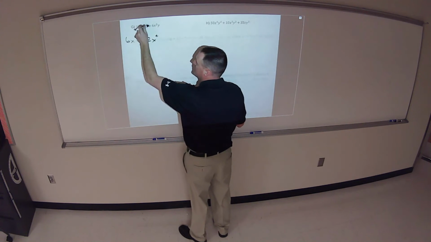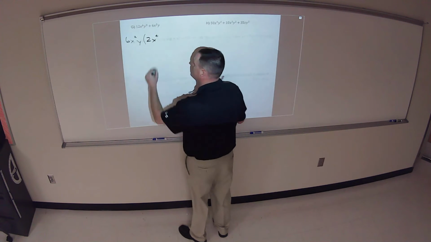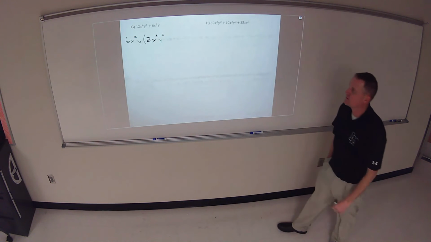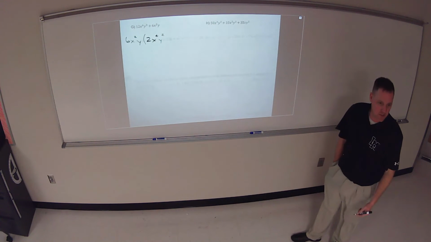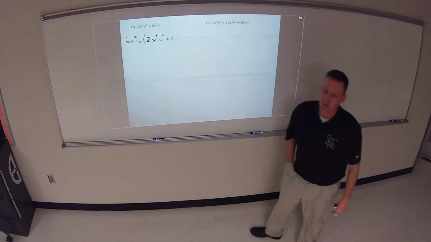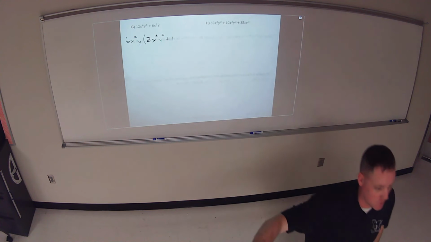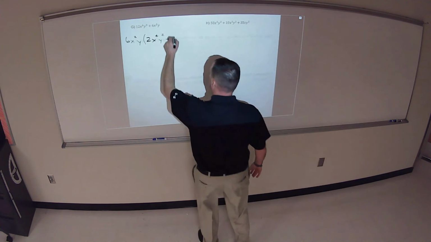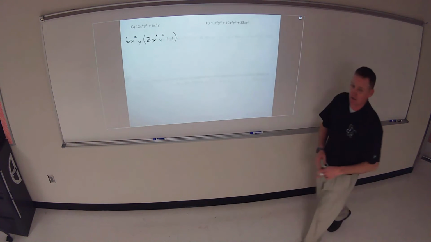We had 3 y's, we pulled 1 out, so that's going to leave you with y squared. 6 divided by 6 is 1. It had 2 x's, we pulled 2 out, so that leaves me with 0 x's. It had 1 y, we pulled 1 y out, that leaves us with 0 y's. So as a result, it's just a plus 1 at the end of it. That's my answer now in factored form.